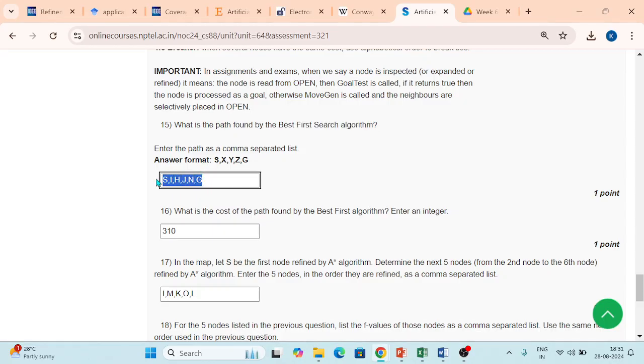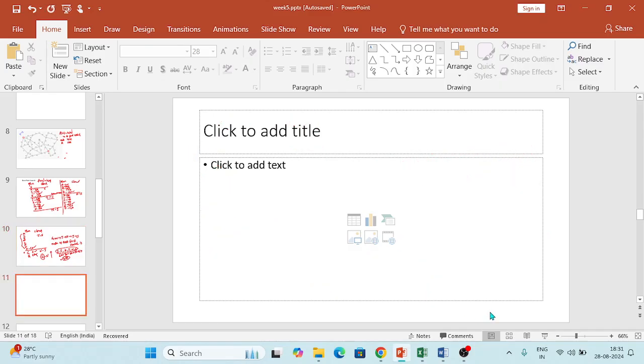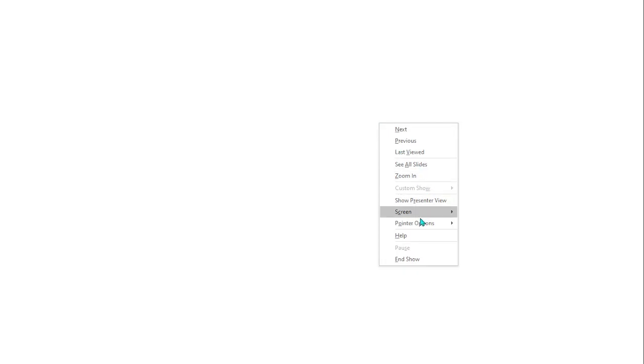So this is the path S, I, H, J, N, G and this is the path cost. Then by using the A star algorithm, we need to consider the same procedure. For A star, f of n is equal to h of n plus g of n.